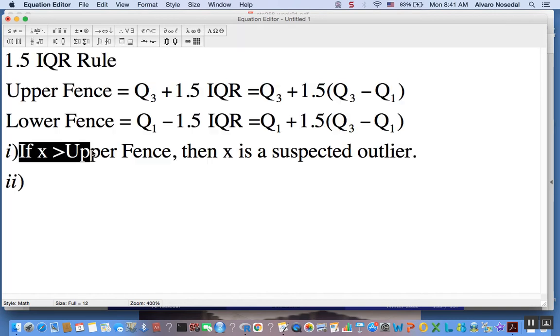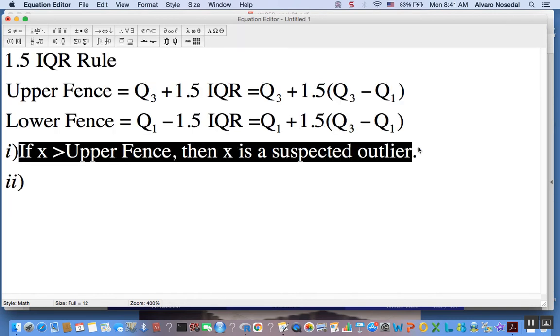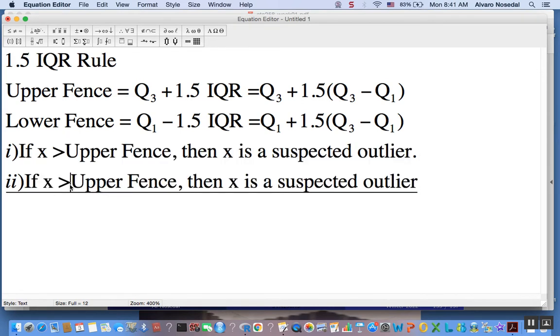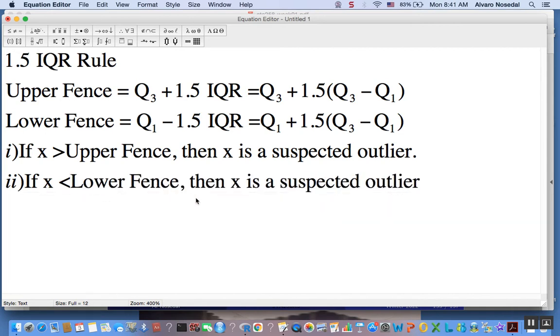Or if x, a generic observation, is less than the lower fence, then x is also a suspected outlier. Make sense?